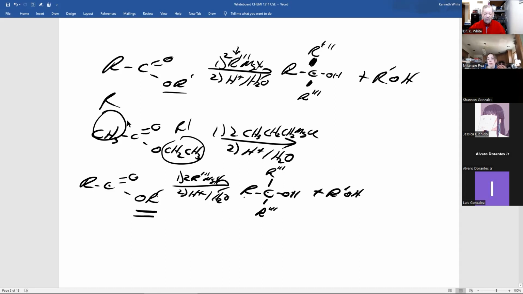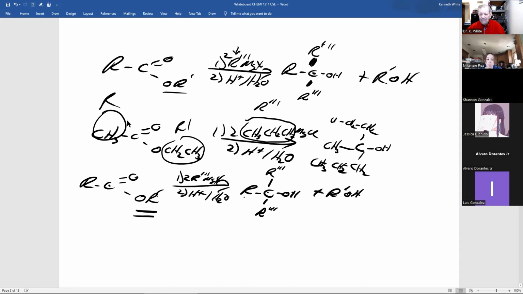And if we look here, what's our triple prime? That part of Grignard. So I have my carbon that was the carbonyl alcohol. R is methyl. And then my 2 Grignards where I make 2 carbon-carbon single bonds. And I get a second alcohol from R prime.